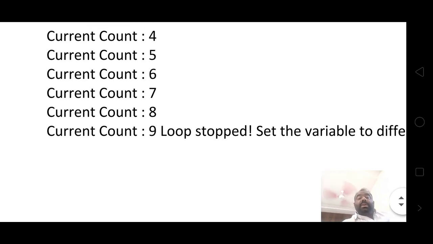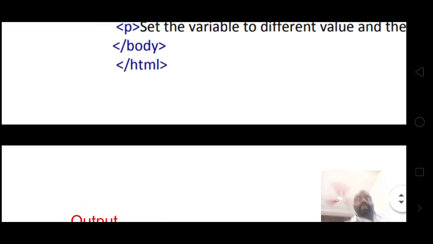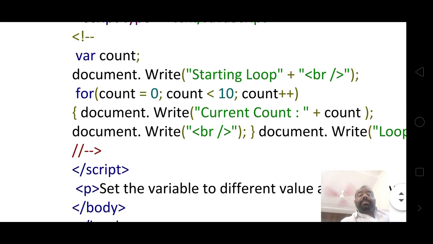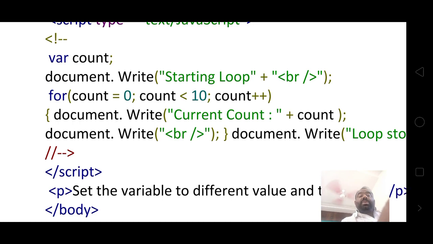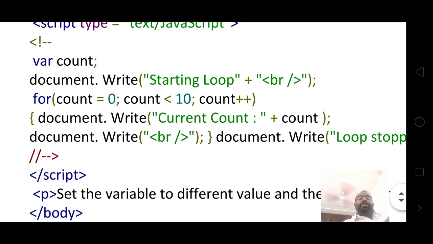This is the execution. Count is equal to 0, count less than 10, count increment, with the variable as count. When the loop executes, the current count will display 0.